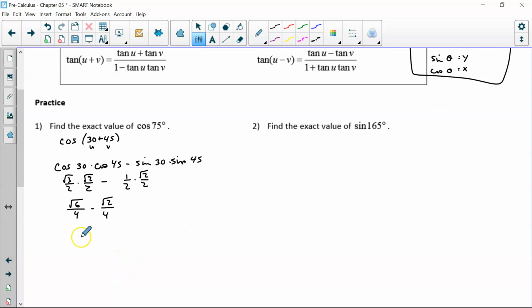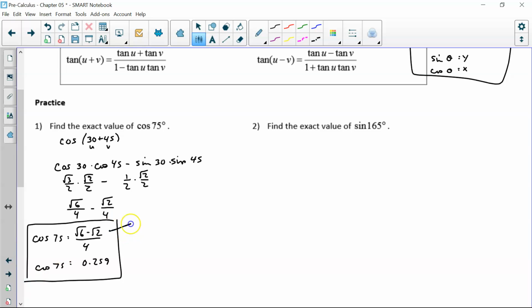All we can do is write this with a common denominator of 4, the square root of 6 minus the square root of 2. That's the exact value for the cosine of 75. Now, the decimal value for the cosine of 75 is about 0.259. There's our values, but our goal was to get that exact value.